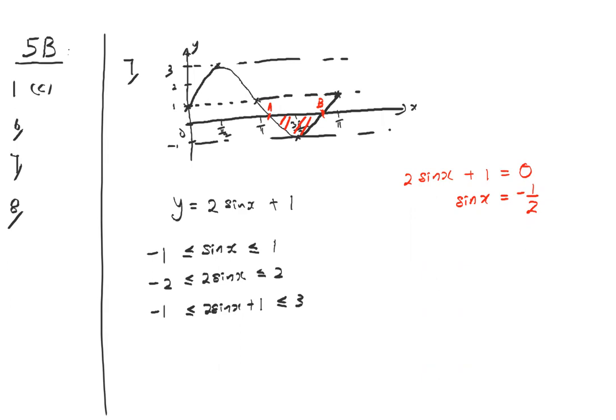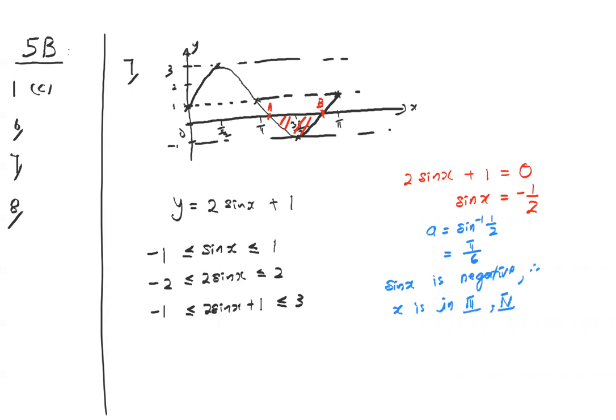So acute angle first. That is sin inverse half. Yeah, that is pi by 6. Correct? Then we say sin x is negative. Therefore, x is in which quadrant? Third and fourth quadrant.